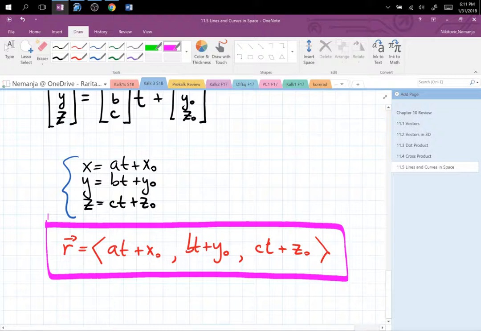This is the one that we are going to use most of the time, but then you can get the other ones as well.